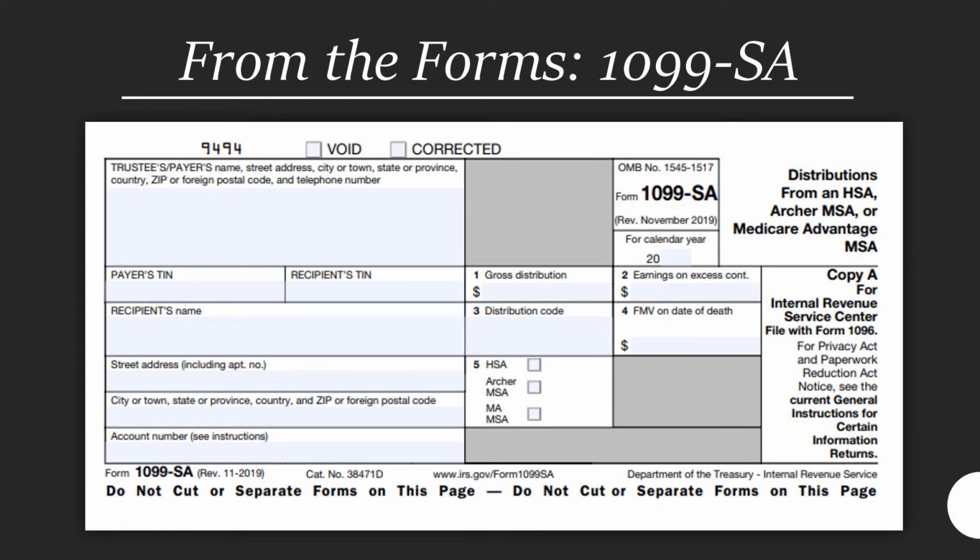And then our taxpayers who had distributions from these accounts will come in with, or should come in with, a 1099-SA. And that will have in box 1 a gross distribution amount, and then there are some codes associated with this. A code 1 is a normal distribution in this case. And this is an important form to have reported on the tax return. So this is one that is needed.